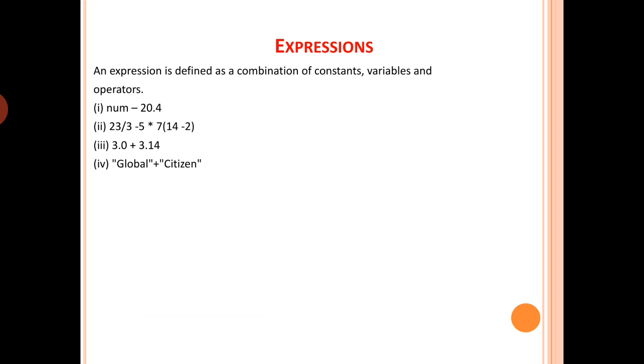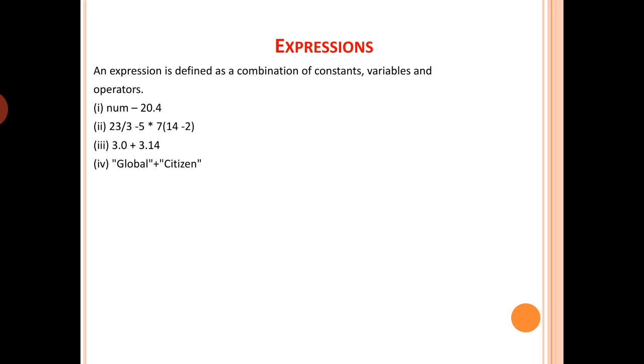Expressions. Students, an expression is defined as a combination of constants, variables, and operators. An expression always evaluates to a value. A value or a standalone variable is also considered an expression. But a standalone operator is not an expression.